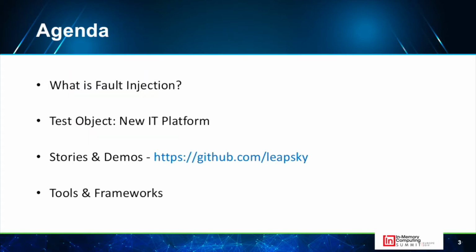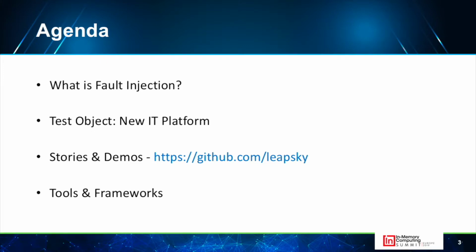And what I'm going to talk about. First, about fault injection, the method I use to test large-scale distributed systems. What it is, how I came to it. And then about an object of testing, the new IT platform, the project where I took part in.